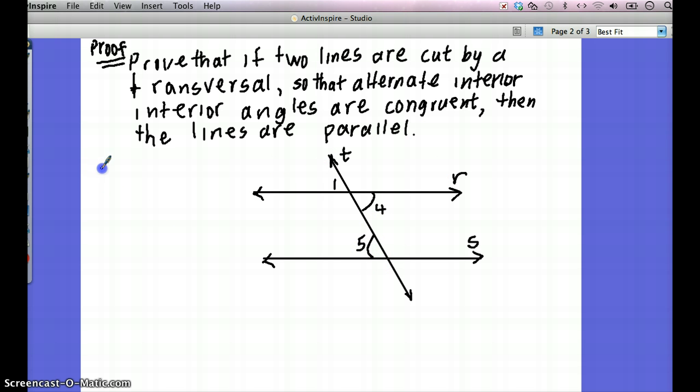So here we're going to be given that angles 4 and 5 are congruent, and we want to prove that the lines R and S are parallel. This will go very, very quickly.